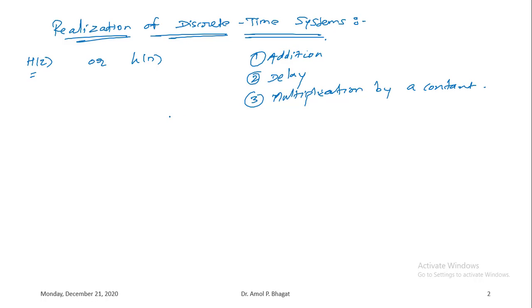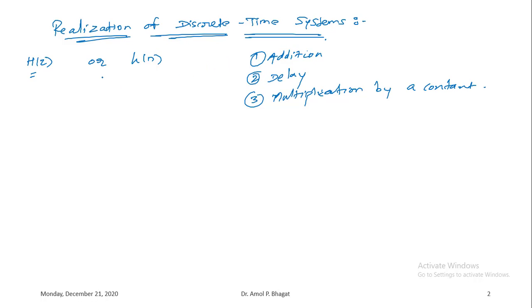So if you are selecting any structure to determine computational algorithm, that computational algorithm can be simply identified by using the block diagram realization of the discrete time system.